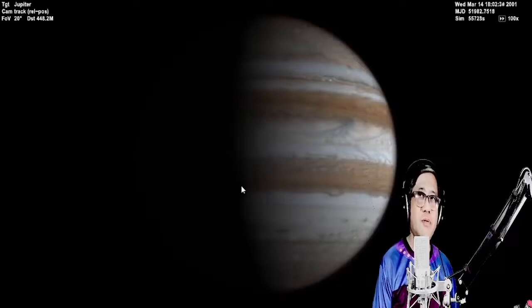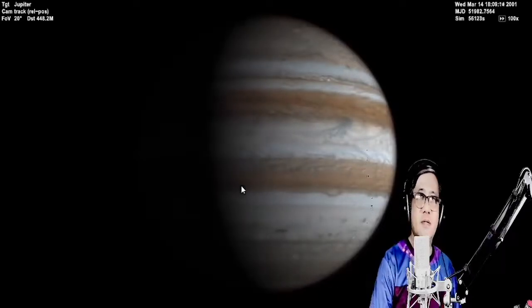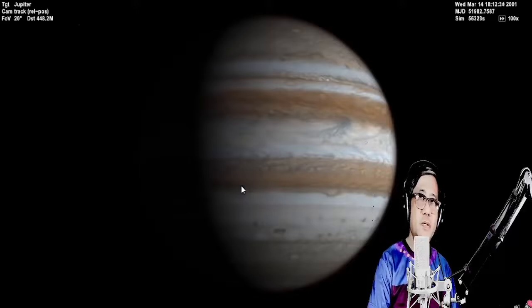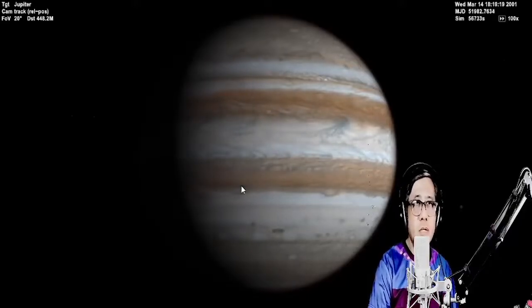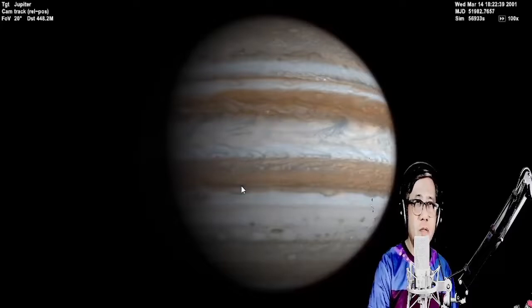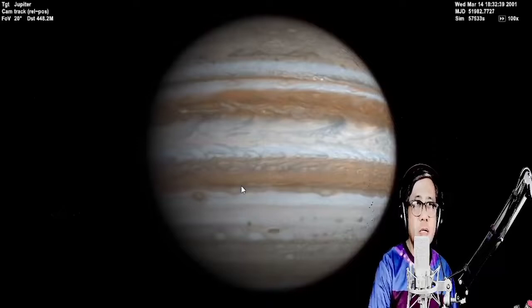Alright, so ayan po, ito po yung the mighty Jupiter itself. Jupiter has a mass that is 2.5 times greater than the mass of all the other planets and moons combined. Talagang wow, malupit. Talagang malaki ang Jupiter.